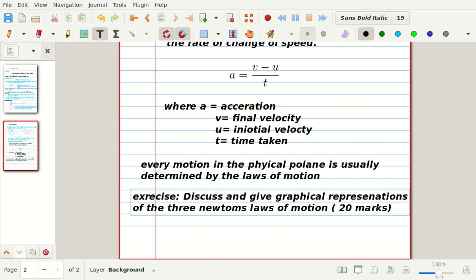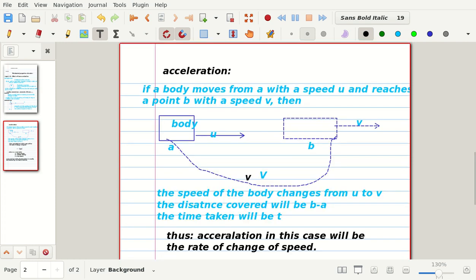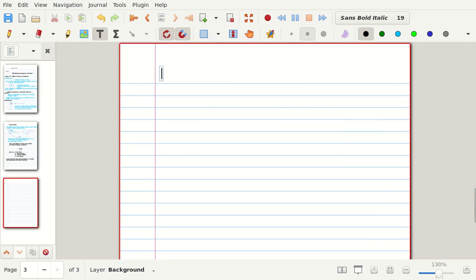Before we go, let me give a summary of what we have done today. Number one, what force is, which is a pull or push that changes a body's state of rest. Number two, what inertia is.